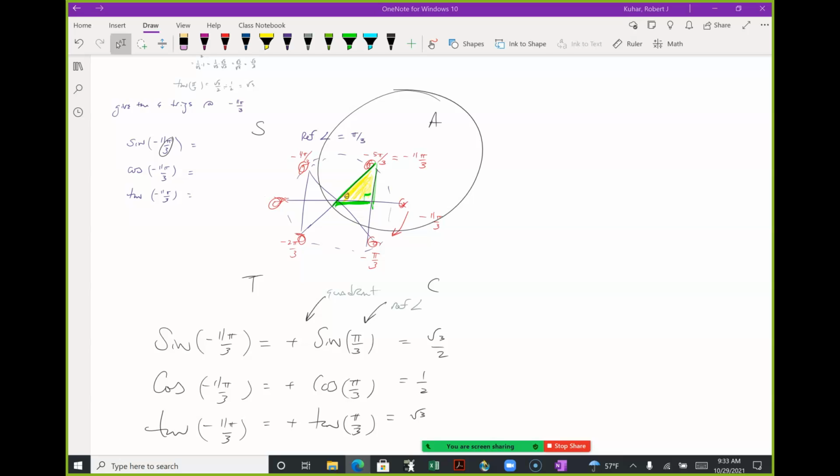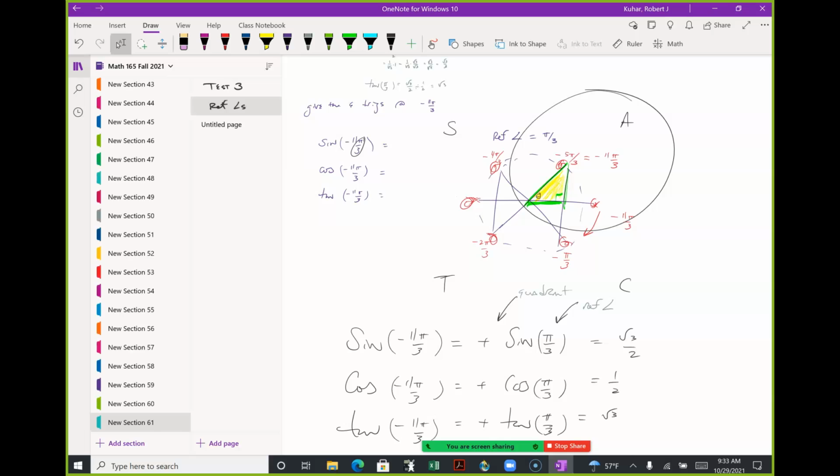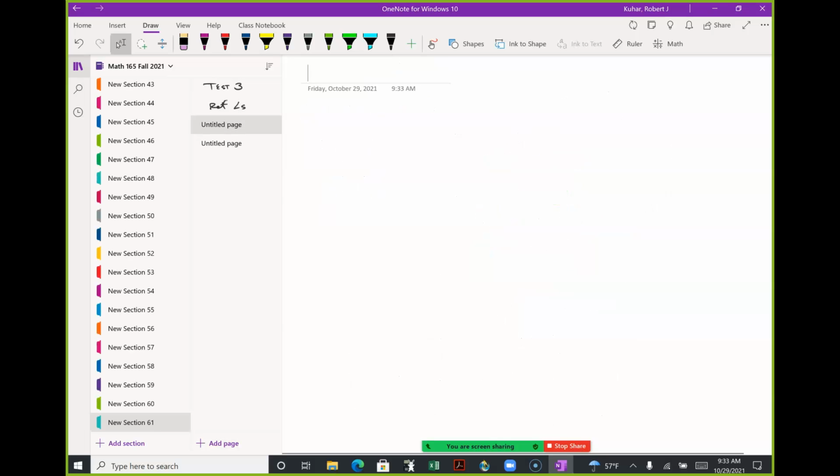So I like problem 6.2, number 41 to 64. I don't like anyone with degrees. I'm not asking you anything with degrees. Okay. So when I say 41 to 64, there's a couple there with degrees in them. So I guess you could first convert them to radians if you want to practice with that. So I'm just going to write down a couple problems.